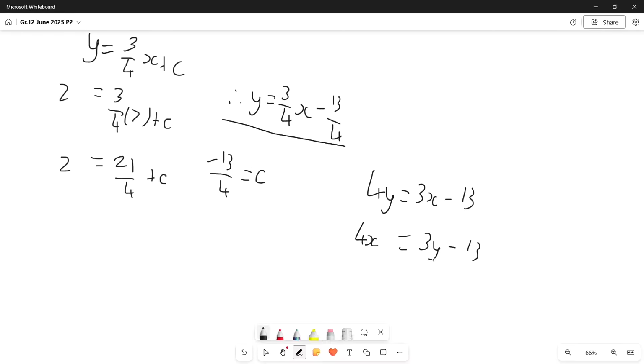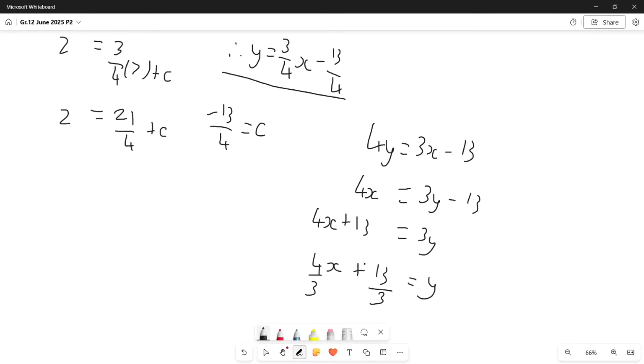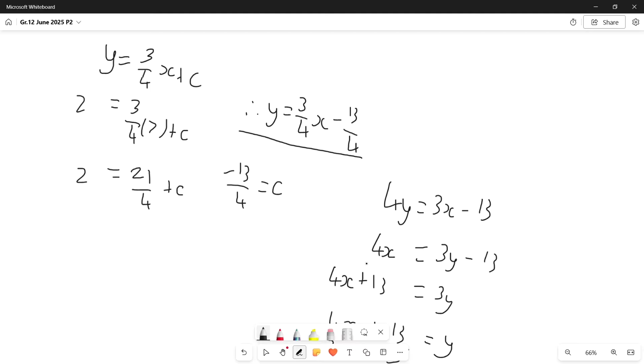We'll take this -13 over here. We'll end up having 4x plus 13 equals 3y. And then we end up with 4/3x, we're dividing by 3, plus 13 divided by 3, and that equals y. And that is our final answer, getting the inverse for the tangent to this circle.